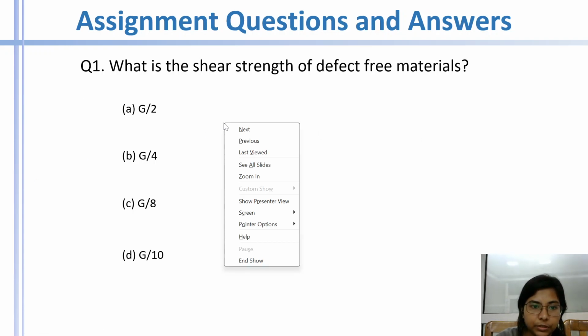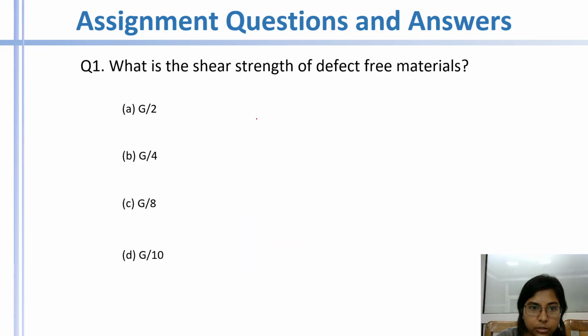If we consider a perfect lattice, then what comes is the homogeneous nucleation model.